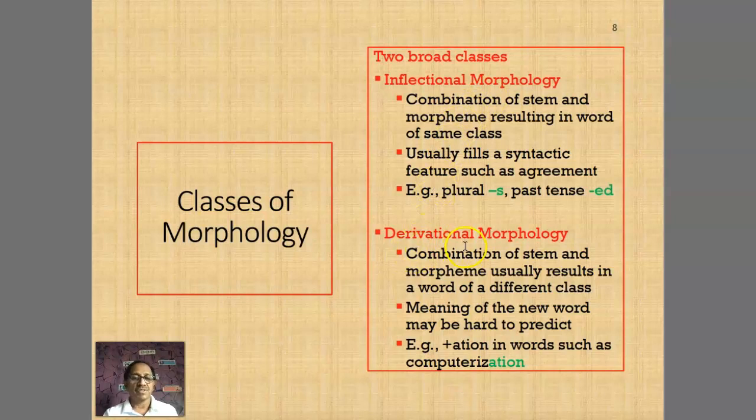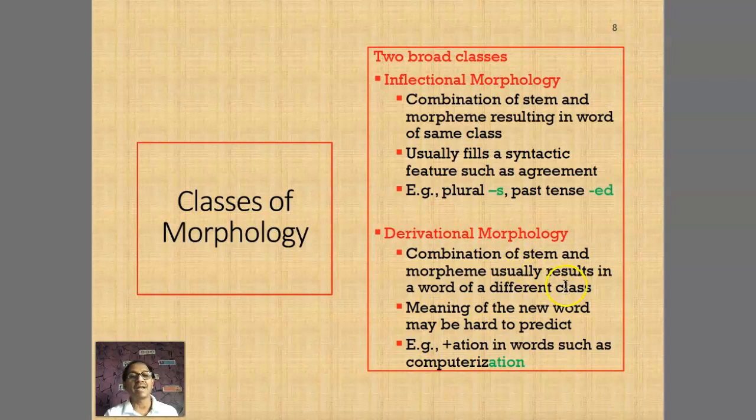How about derivational morphology? Derivational morphology deals with the combination of stem and morpheme which results in a word of a different class. That is, the stem belongs to a particular class, a noun, a verb, or an adjective, and when you add a morpheme, the result is of a different class.